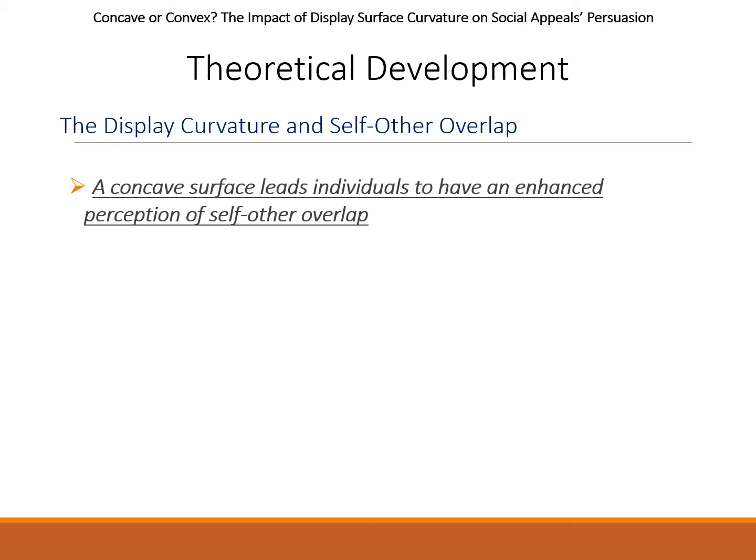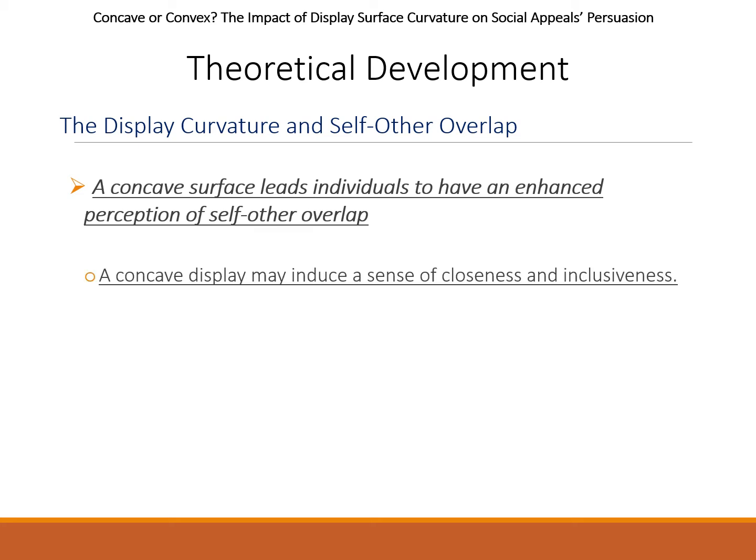Theoretical development. We first posit that a concave surface leads individuals to have an enhanced perception of self-other overlap. We reason that concave curvature stimulates a strong feeling of inclusiveness and closeness. Several streams of research support our reasoning.